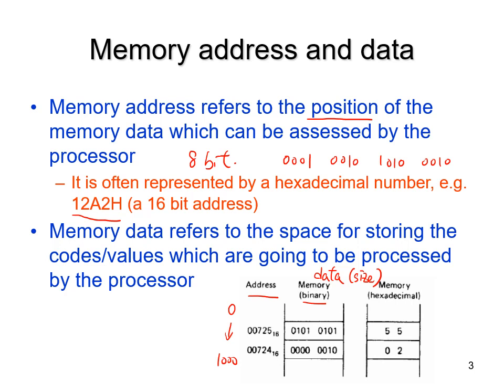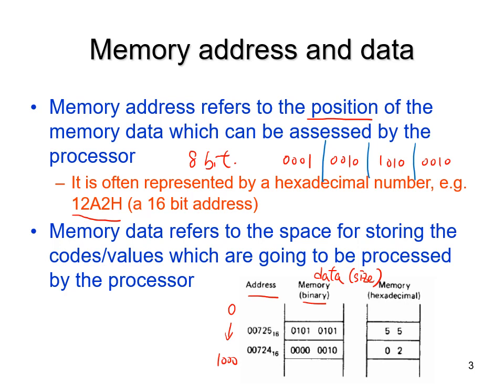You convert each hexadecimal digit into the corresponding binary number, and then it forms a binary number easily. And they show the position of the data.